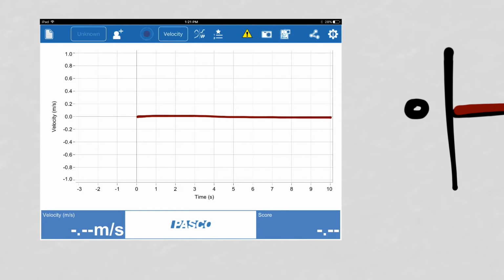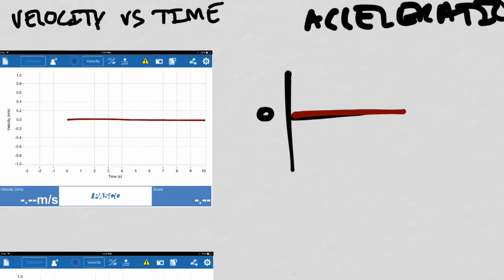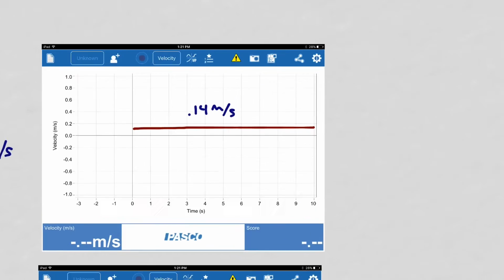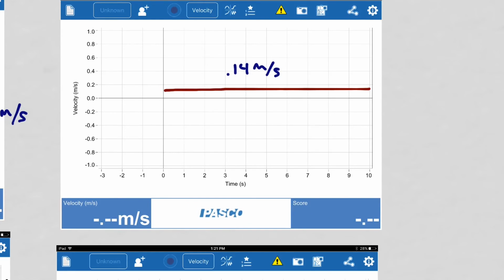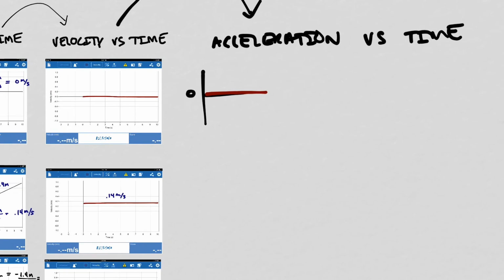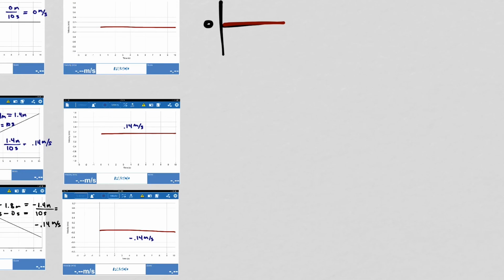We're actually not moving at all. 0 acceleration. This one is slightly more complicated. We have a velocity of 0.4 meters per second. But again, the slope of this line is 0. We're not changing our speed, constant velocity. Therefore, the acceleration versus time graph looks the same.